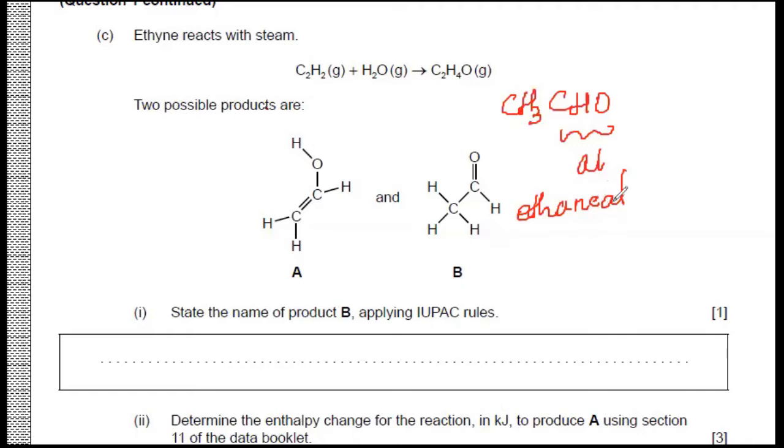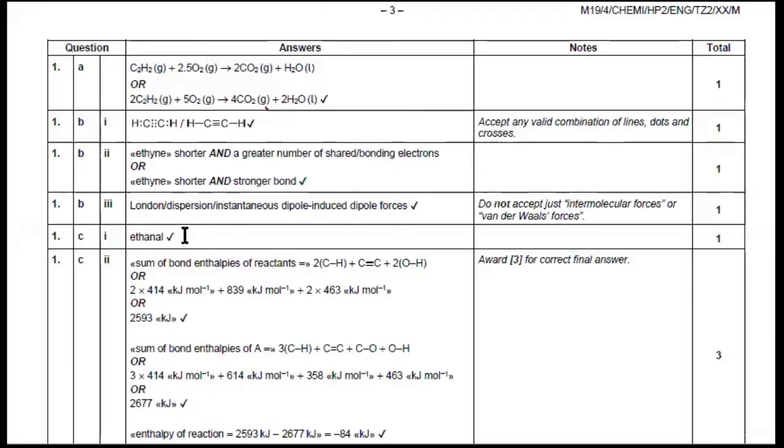Just because there are 2 vowels coming close together, the first vowel has to be dropped. I'll repeat. When we have 2 vowels coming close together, the first vowel has to be dropped. So the name is ethanal. Hope that's clear to you. So now let's see the marking scheme. See ethanal.